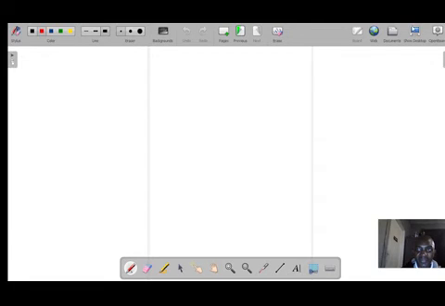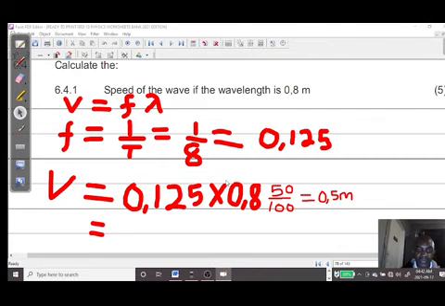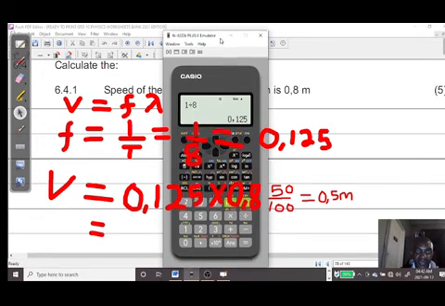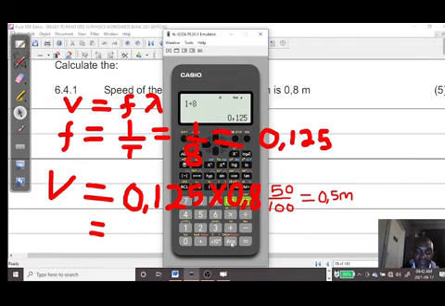0.125 multiplied by 0.8. So what do we get? You see, we get 1 over 10. If I press S-D, it's 0.1.